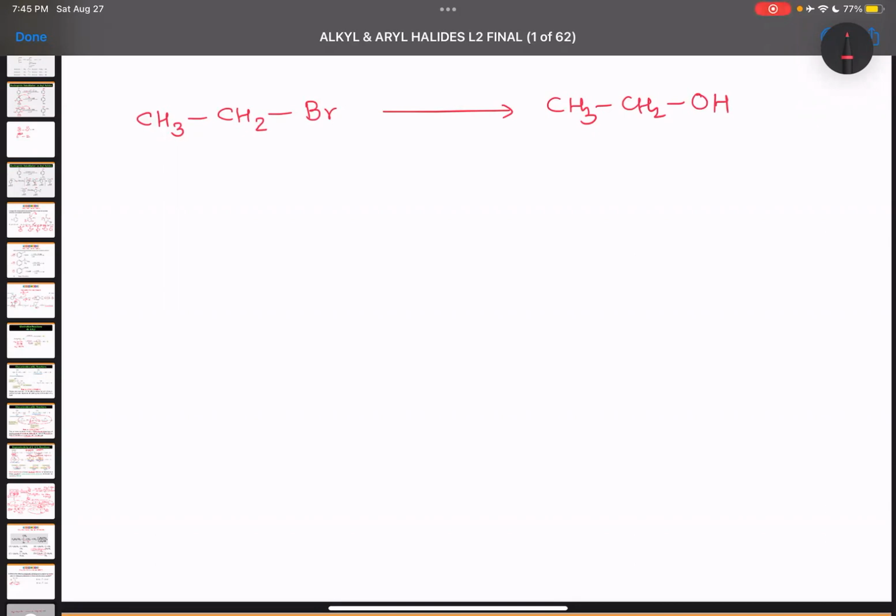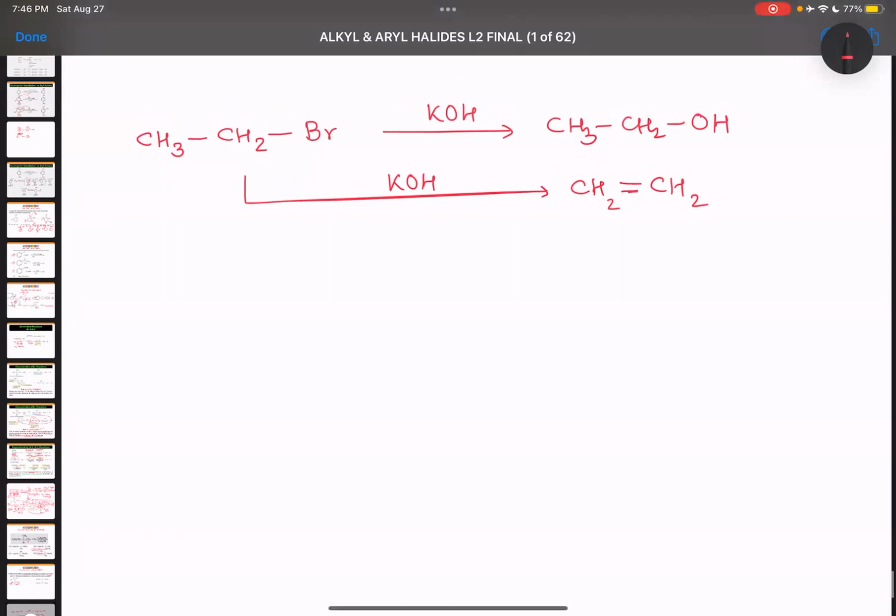This is a substitution reaction, and this is an elimination reaction. Both happen with KOH. So how will you make out which one is happening? You need to look at some conditions.